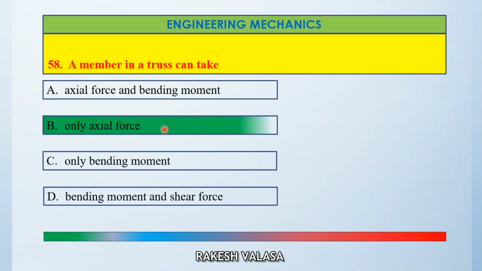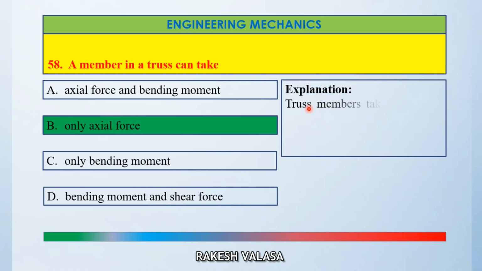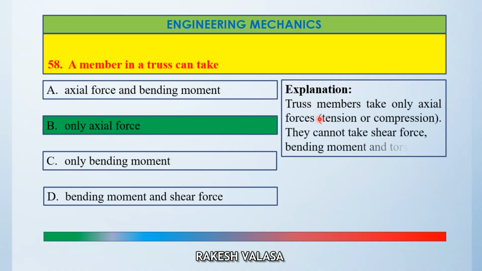Let us see the explanation. Truss members take only axial forces like tension or compression. They cannot take shear force, bending moment and torsion forces. So the correct answer is option B, only axial force.